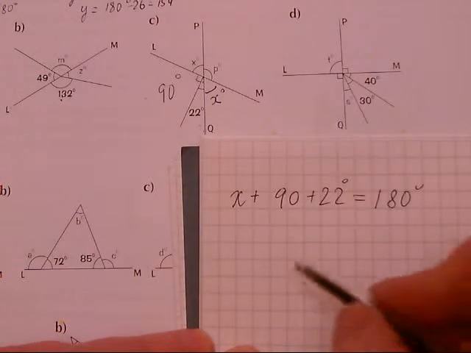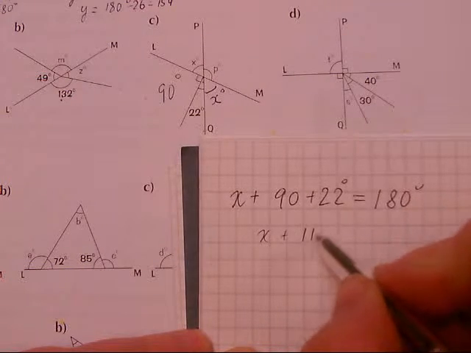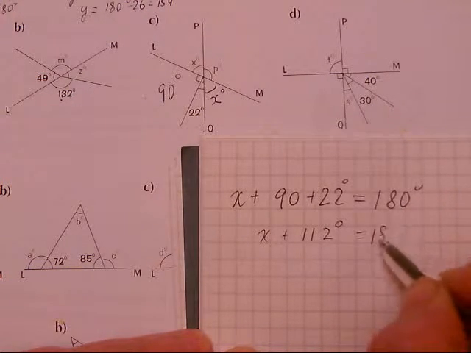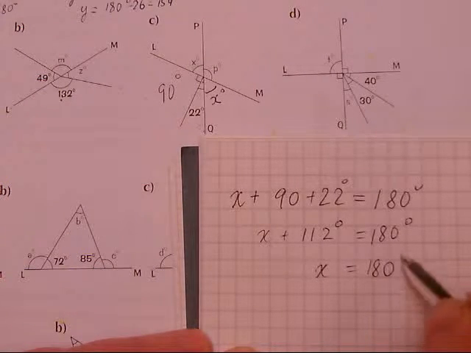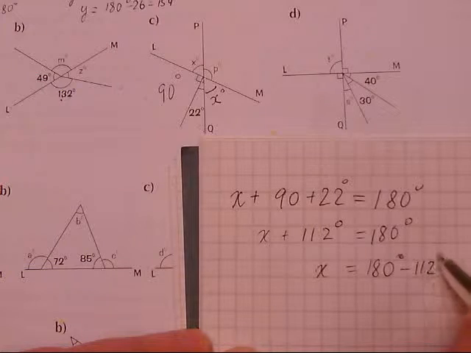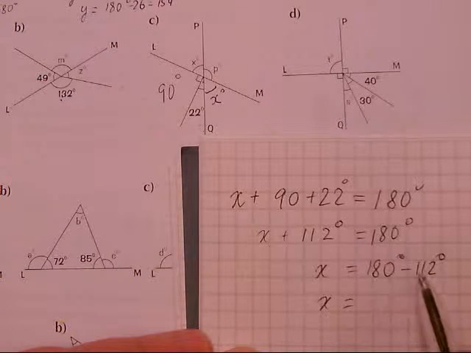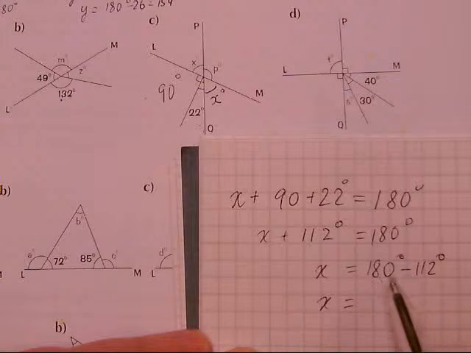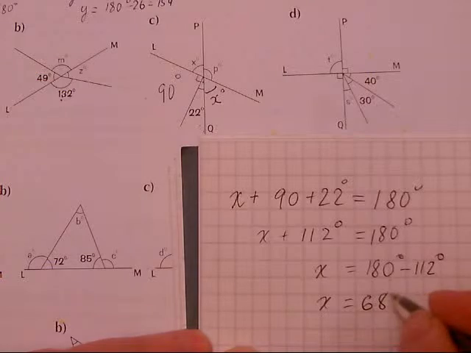Okay, so 90 plus 22 is 112 degrees, so X will be 180 take away 112, so X will be 180 minus 110 will be 70, and 70 minus 2 will be 68.